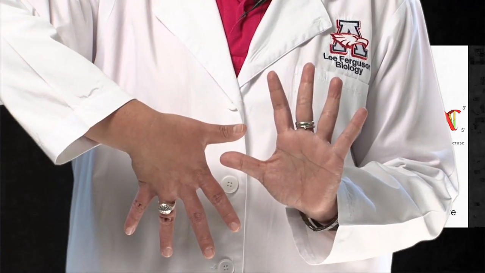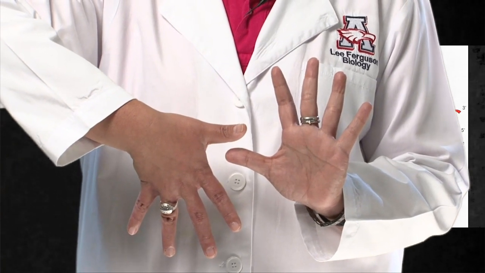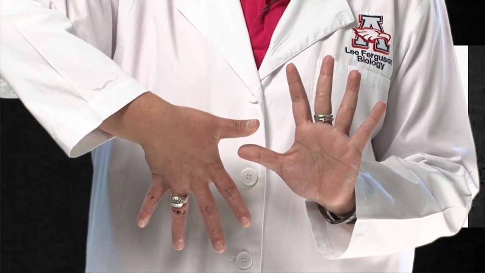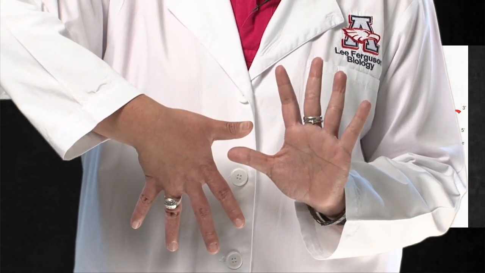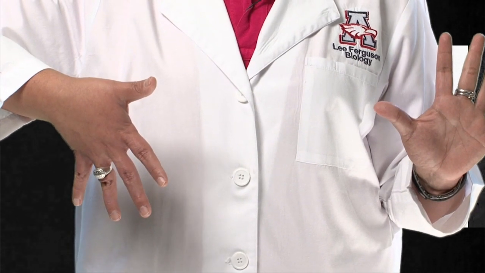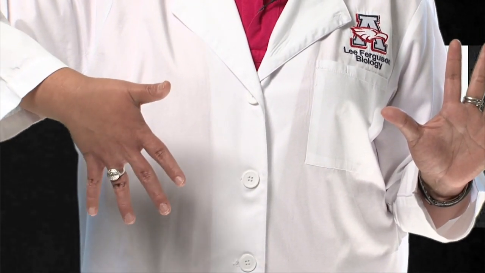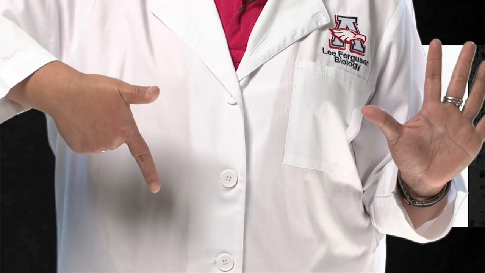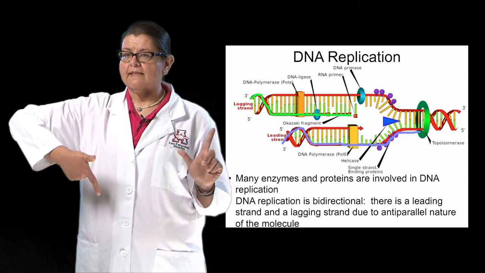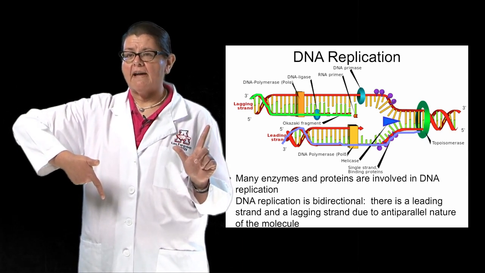This is important because during DNA replication, DNA polymerase can only bind to the 3' end of the sugar molecule on the DNA nucleotides. So when DNA replicates and the replication fork is formed, DNA replication can only proceed in a certain direction on each strand. On the leading strand, DNA replication proceeds into the fork. On the lagging strand, DNA replication proceeds out away from the fork. So remember, directionality matters.